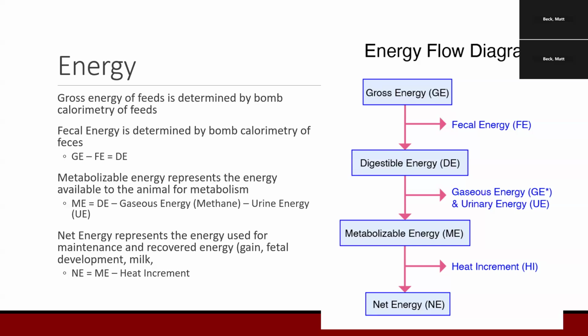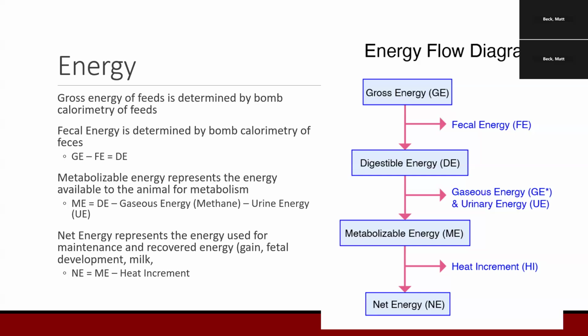Then there's a fraction of that feed that's lost as heat that the animal can't use for production. We call that heat increment. Would we expect heat increment to be higher or lower in a high forage ration versus a low forage ration? Higher in high forage. So more heat production in a high forage diet as a percent of metabolizable energy intake.